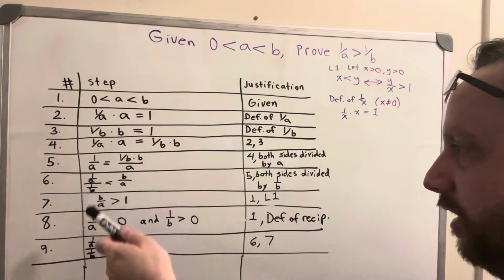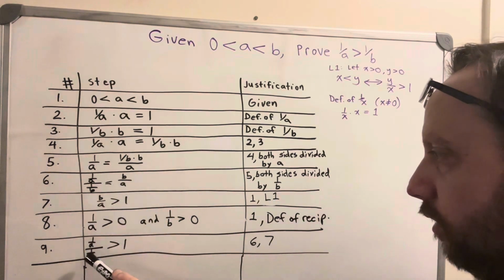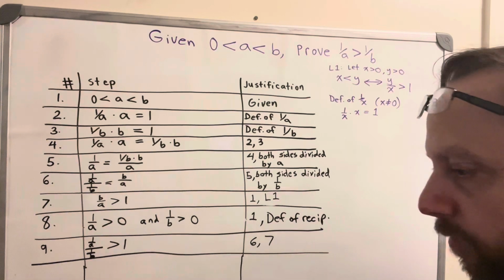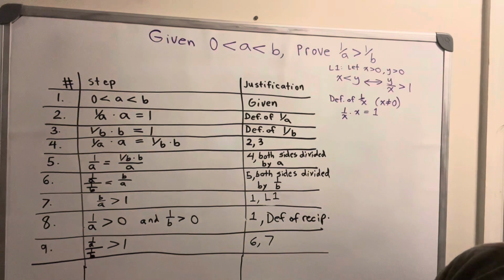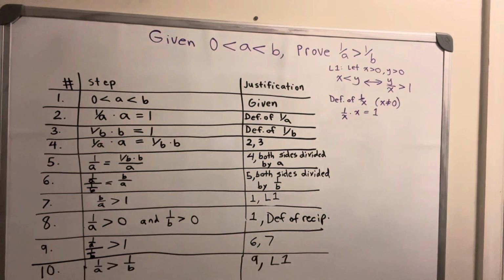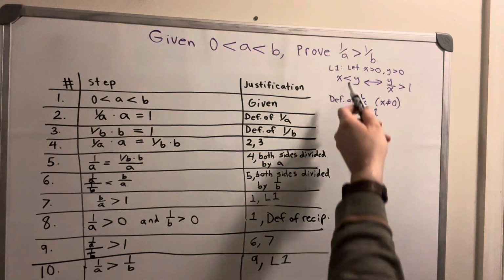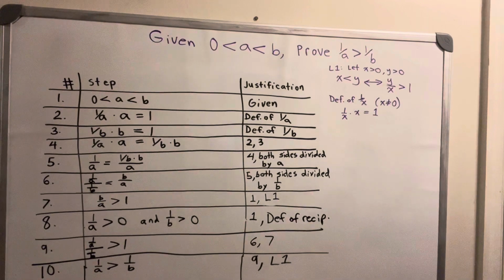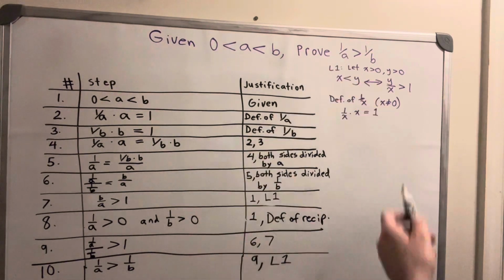So that means that 1 over A over 1 over B has to be greater than 1. And finally, because of line 9 and because of this lemma, we can say that 1 over A is greater than 1 over B, which is what we set out to prove.